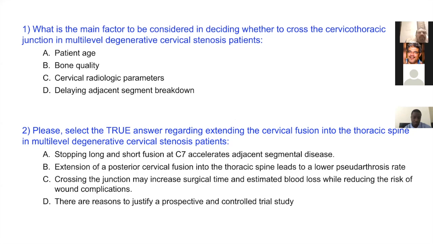Stopping long and short fusion at C7 accelerates adjacent segment disease. Extension of a posterior cervical fusion into the thoracic spine leads to a lower pseudoarthrosis rate. Crossing the junction may increase surgical time and estimated blood loss while reducing the risk of wound complication. And there are reasons to justify a prospective and controlled trial study.